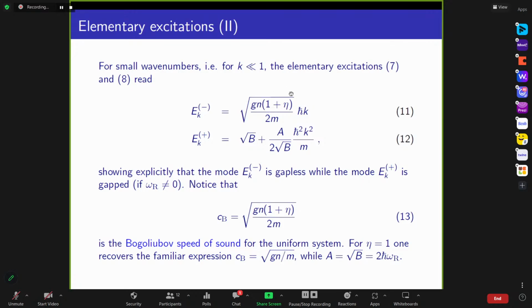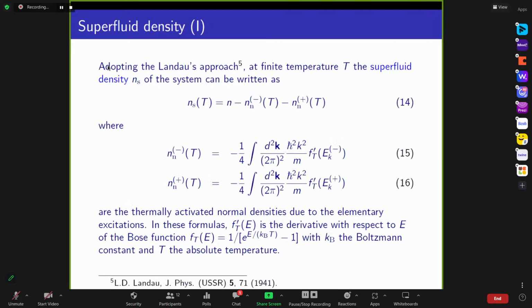Now, what is truly remarkable is that simply knowing the spectrum of elementary excitations, one can deduce the superfluid density of the system using the familiar formula of Landau. And the formula is here.